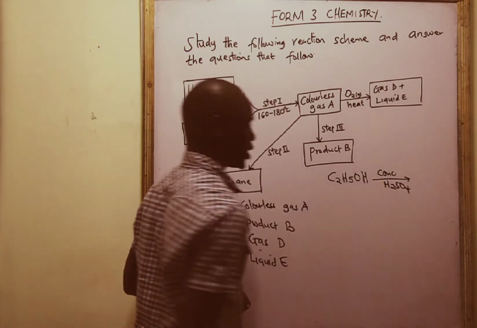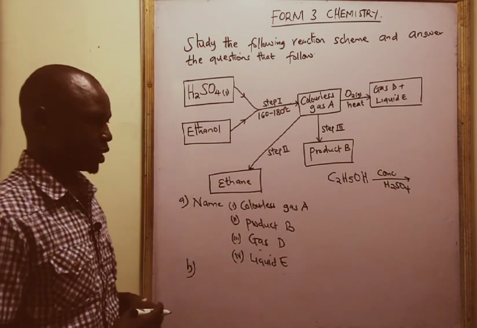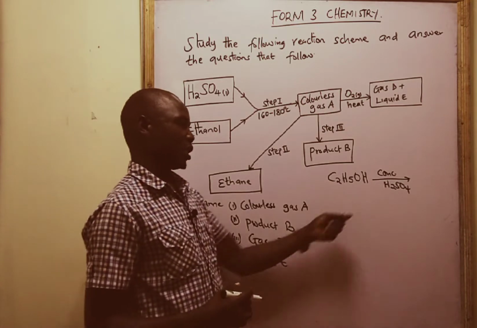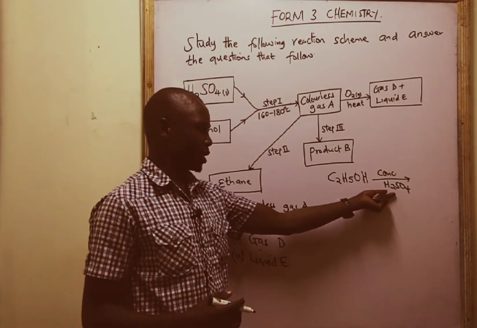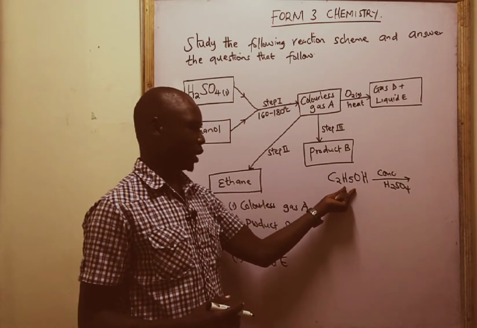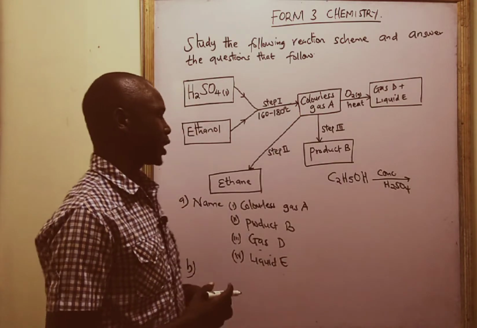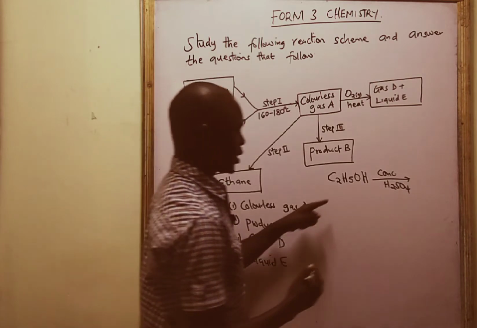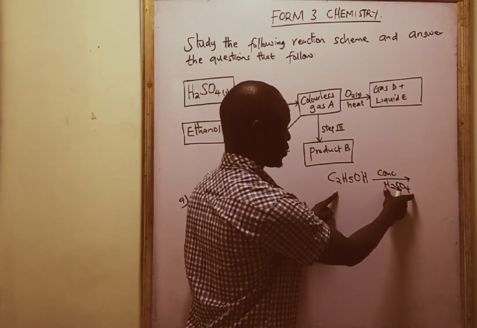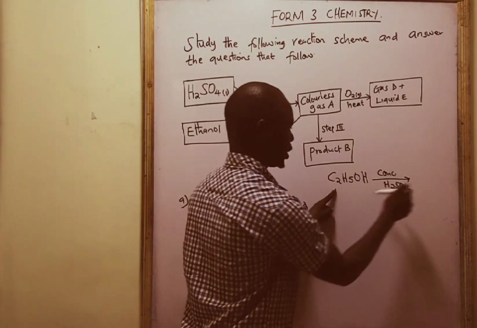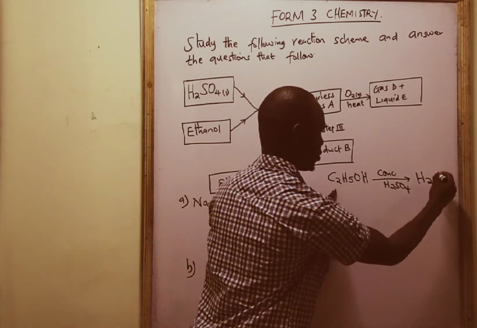Remember, concentrated sulfuric acid is a dehydrating agent, and concentrated sulfuric acid will remove water elements from ethanol to give us colorless gas A.